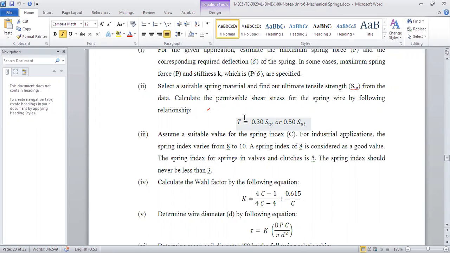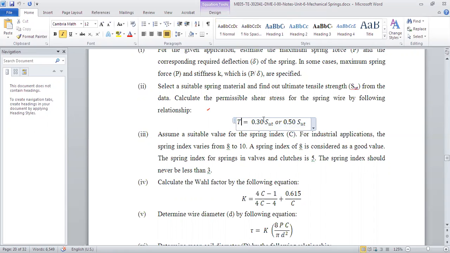Once we finalize the material on the requirement or specifications for this application of the spring, for that material we'll get allowable shear stress as 30% to 50%, 0.3 to 0.5 of SUT, right? Depending on whatever standard you are using. So next step is getting allowable shear stress.